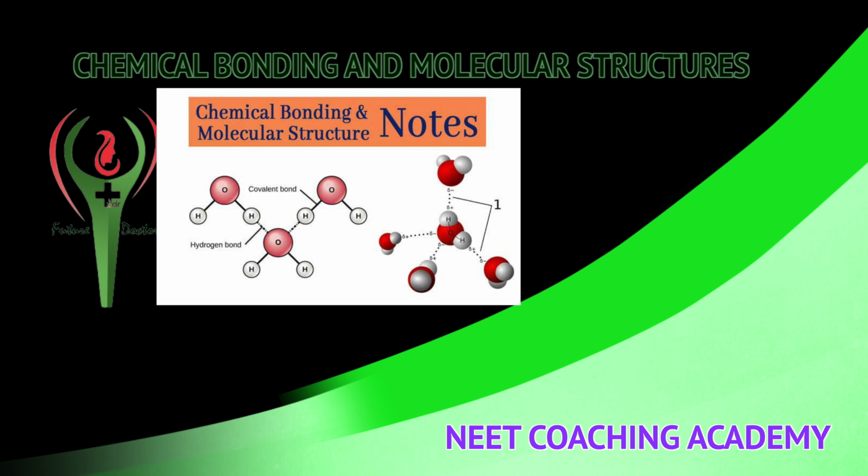So the reason is the lone pair is localized on the central atom, whereas the bonded pair is shared between two atoms. As a result, the lone pair of electrons in a molecule occupies more space compared to the bonding pairs of electrons. So due to the repulsion between the electron pairs, the bond angle reduces.